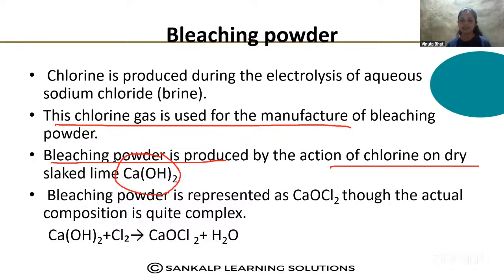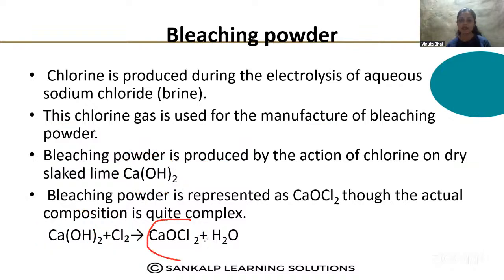Okay, let us see how bleaching powder is formed. This reaction is very important. When chlorine gas is passed through dry calcium hydroxide, calcium oxychloride, CaOCl2, is formed along with water. Calcium oxychloride is the chemical name, the scientific name.